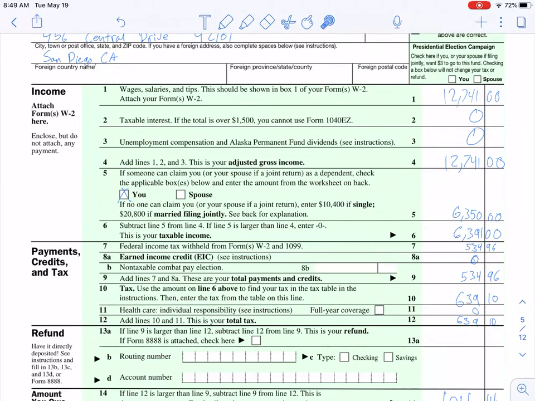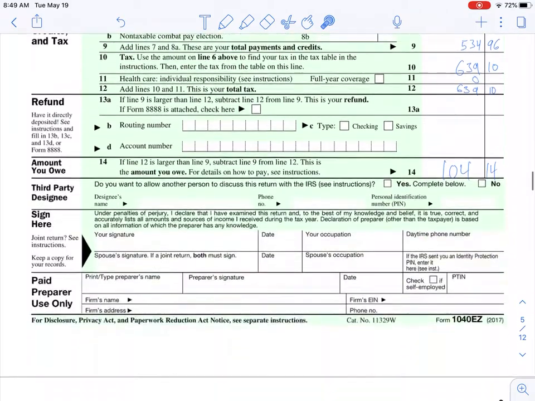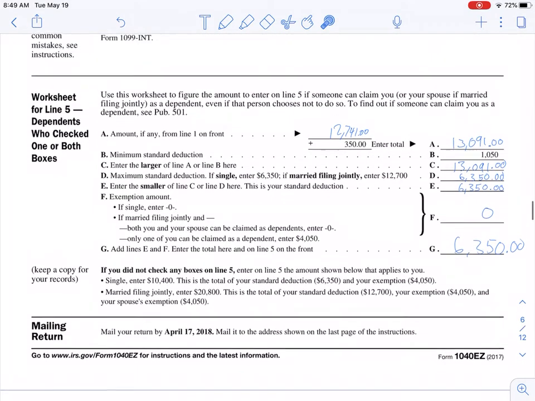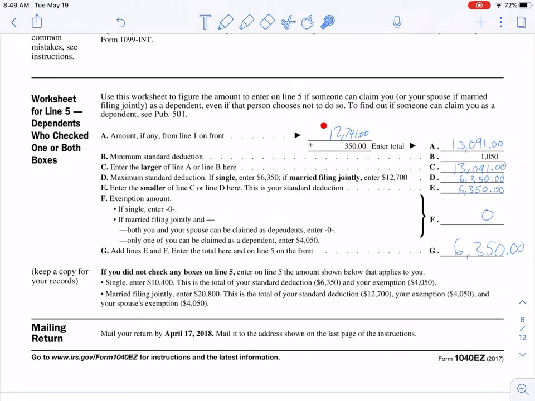And so based on the worksheets down here, we take the amount from line 1 and add 350 and then enter the total. The minimum standard deduction is $1,050. And so for line C, enter the larger of line A or B. So the larger between A and B was the 13,000 value.